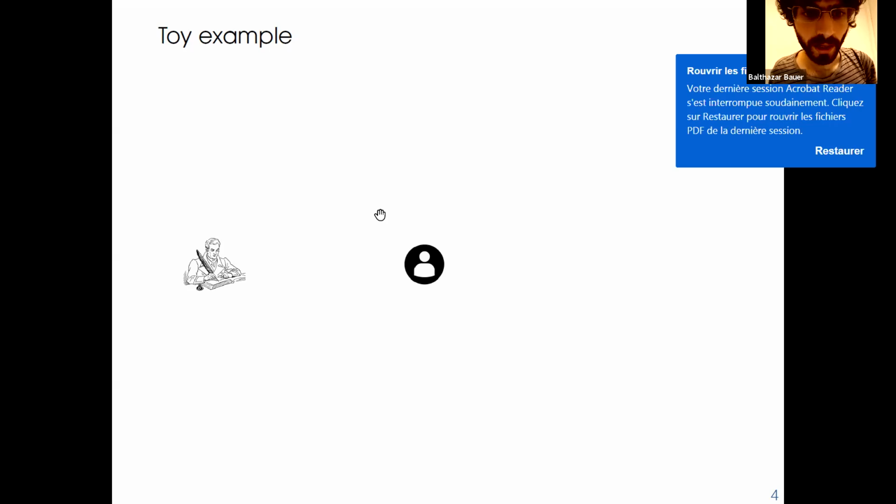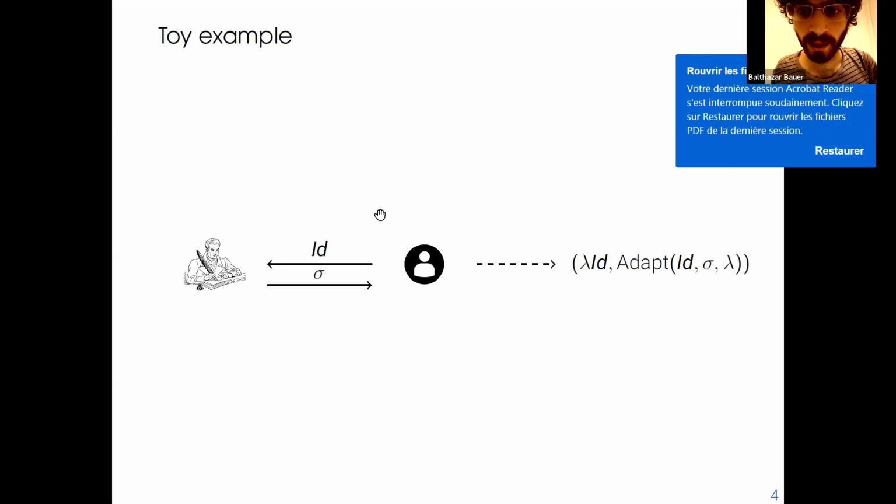If the identity of the user is the vector of group elements, then the authority can sign it. And now if the user wants to show the validity of his credential anonymously, he can randomize his identity and adapt the signature of the authority.